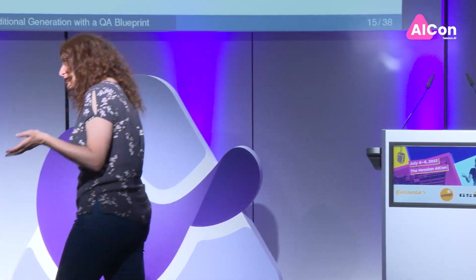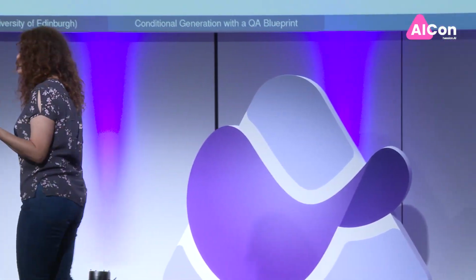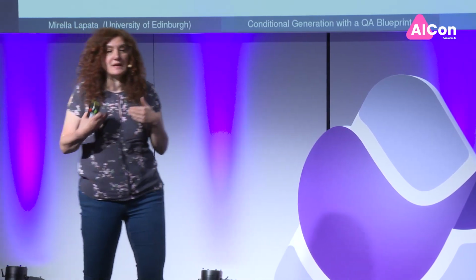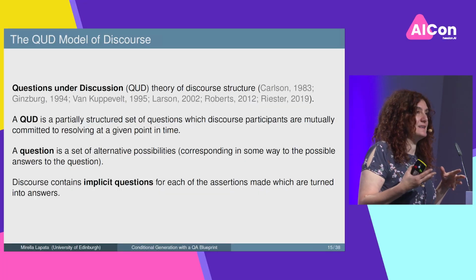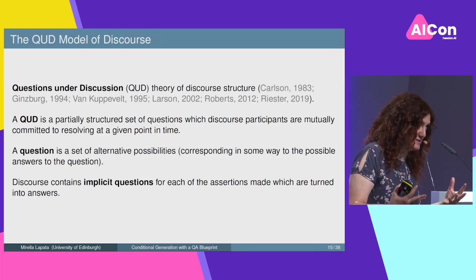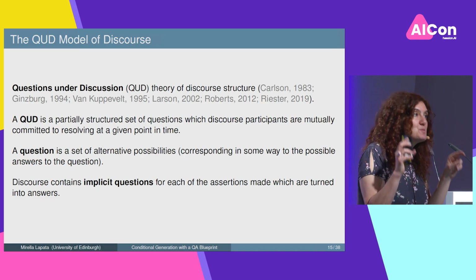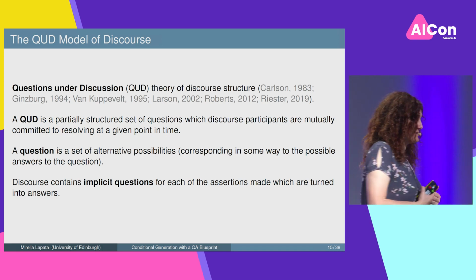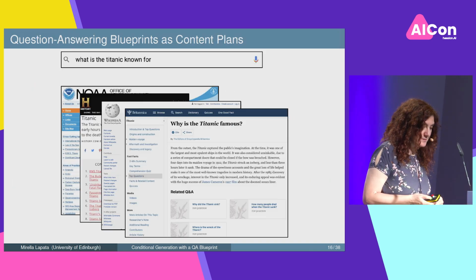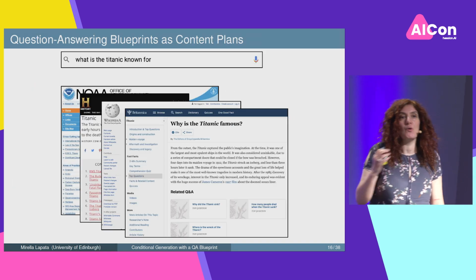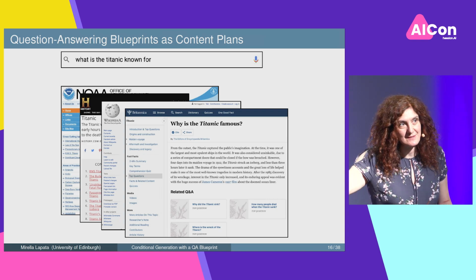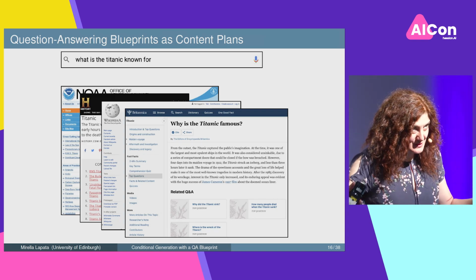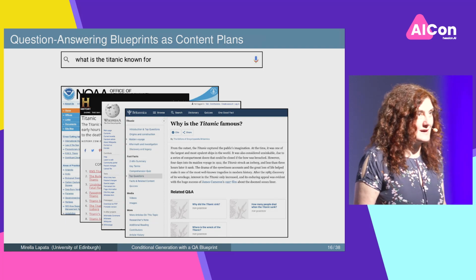So we take inspiration from this theory that tells us that people communicate by answering each other's questions and anticipating their answers. And we're going to take these implicit questions and turn them into explicit plans, which are going to help us do summarization and conditional generation. OK, so I'm going to show you how it works first, and then I'm going to explain how it's done.